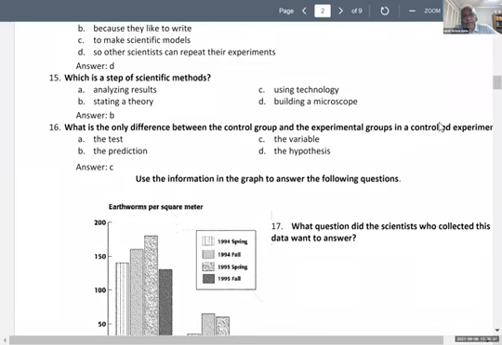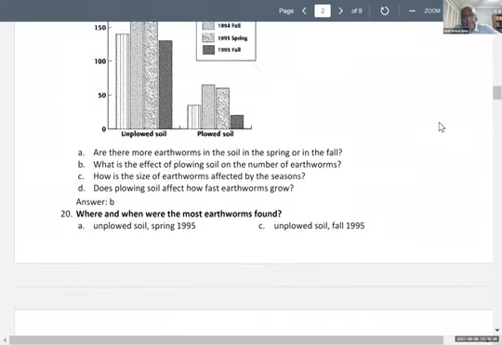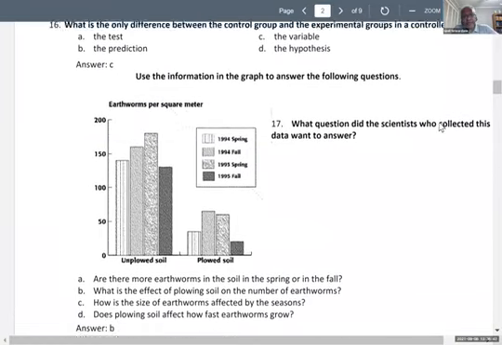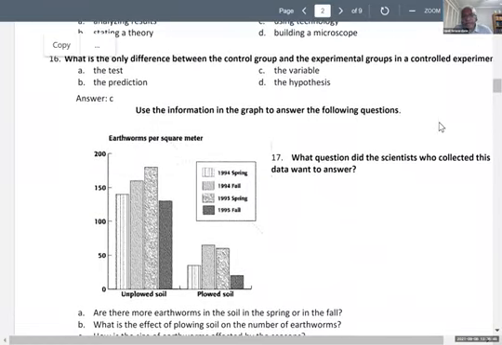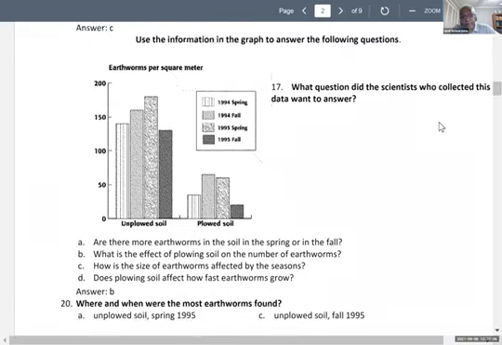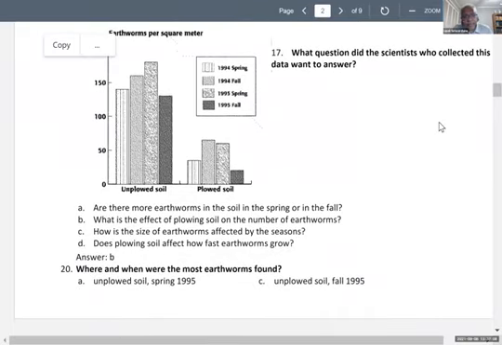So we're going to look at a few problems. I'm going to do 16 here. They did an experiment about earthworms. What question did the scientists who collected this data want to answer? They collected the data from unplowed soil and plowed soil. So they are measuring earthworms. What they are testing is checking whether there are more earthworms in the soil in the spring and in the fall.